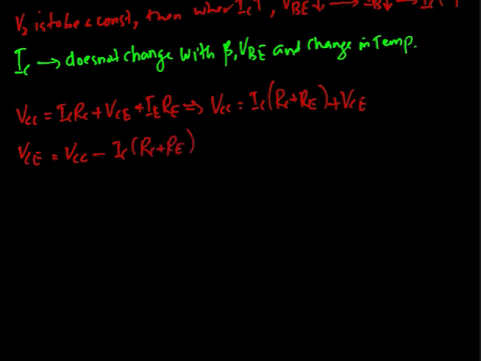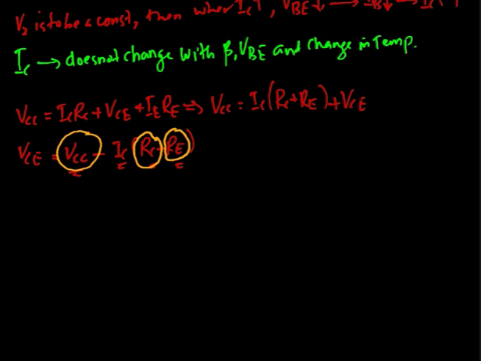Now from this equation, in order to have a variation in VCE, either VCC or IC or RC or RE has to change. But we know that for a particular circuit, VCC is fixed, so VCC does not change at all, and RC is also a given resistance to the collector, and RE is the given resistance to the emitter. They will not change.